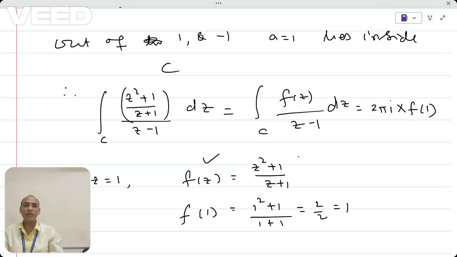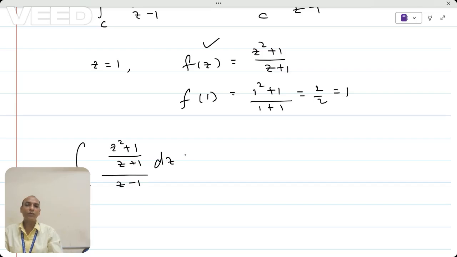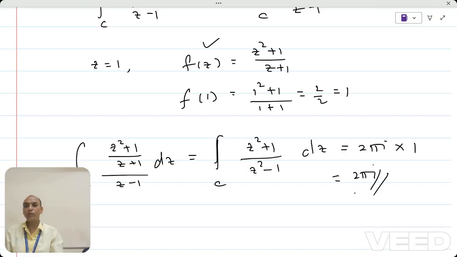So the integration over C of (z square plus 1) divided by (z square minus 1) dz is 2 pi i into 1, so we get 2 pi i. This is the procedure to evaluate some complex integral using the Cauchy integral formula.